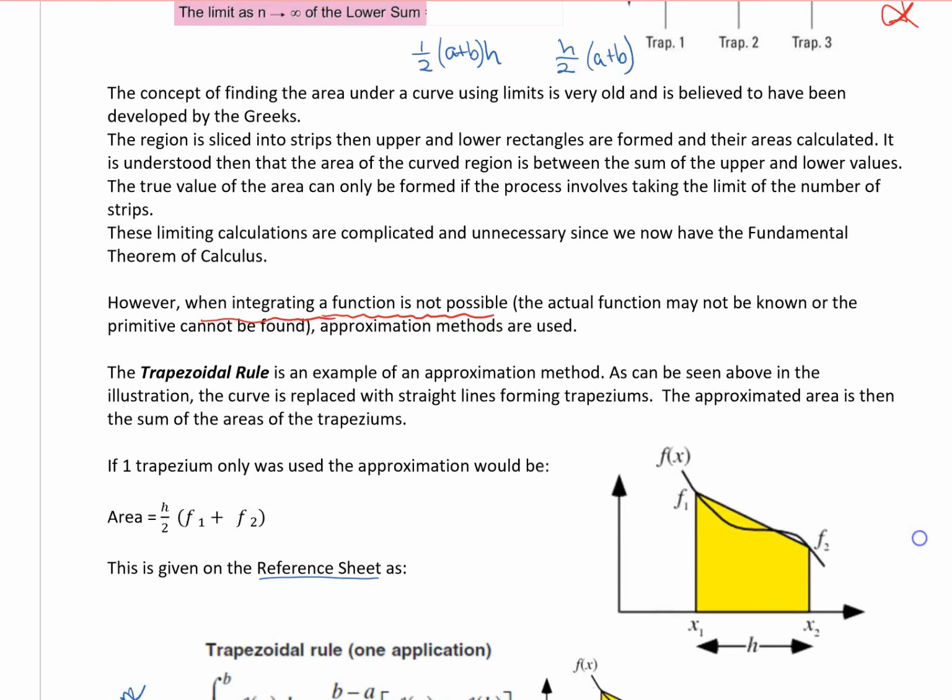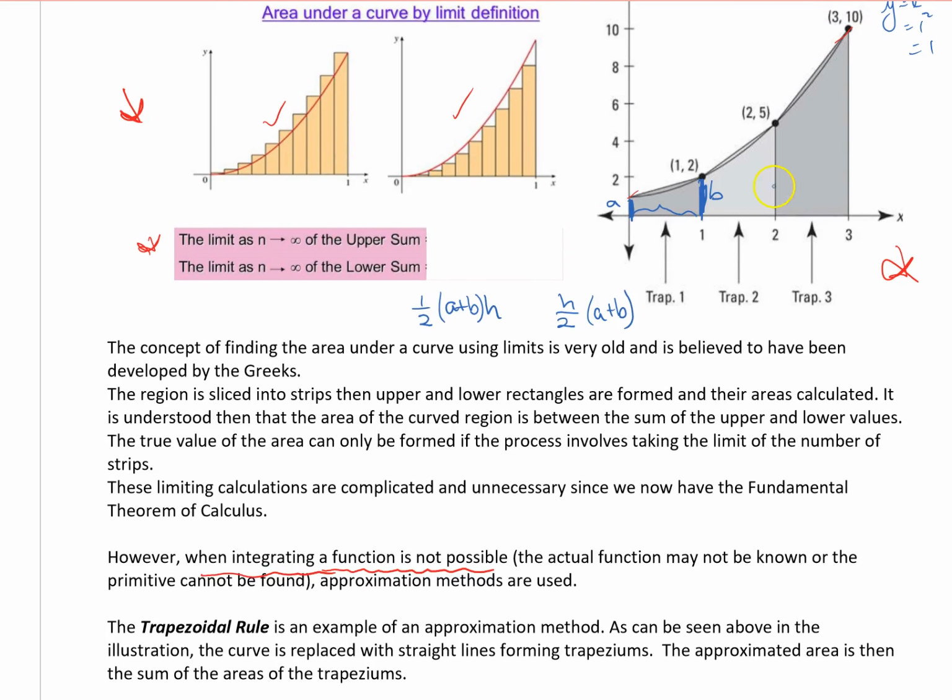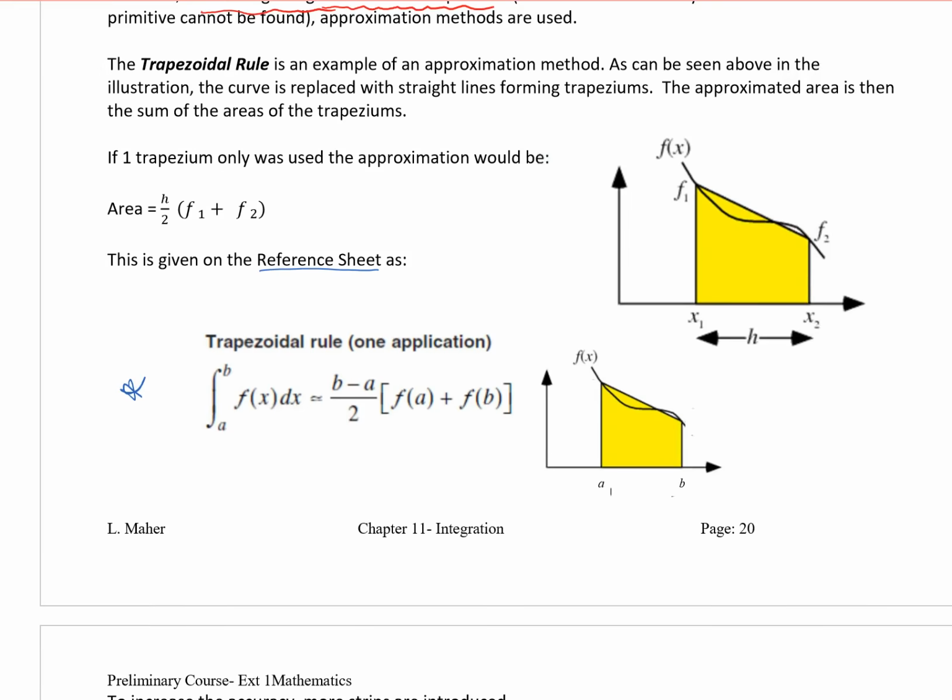The diagram back here, we would say had 3 applications of the trapezoidal rule, which just means we've broken the region into 3 trapeziums. In this example, the area under this unusual curve has been approximated by the area generated by just one trapezium.